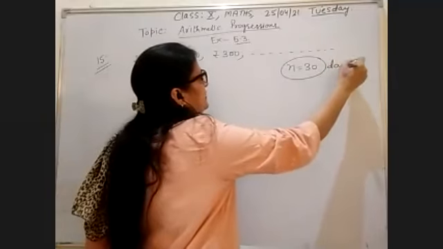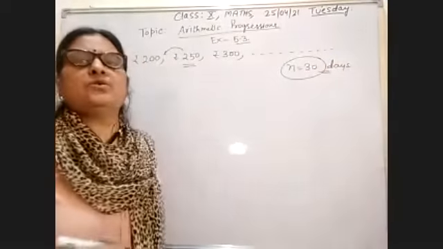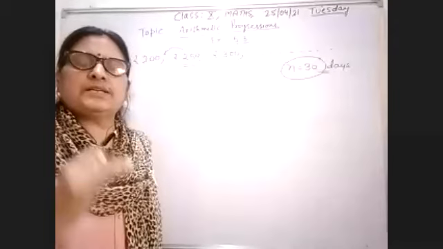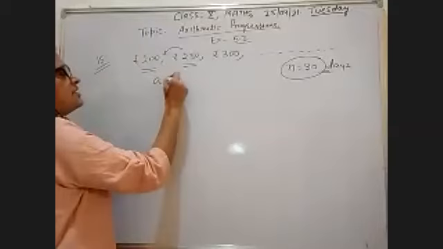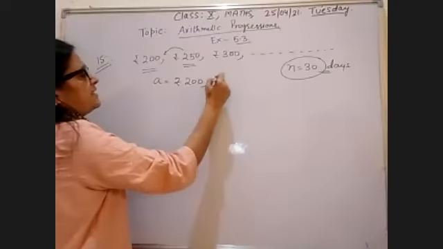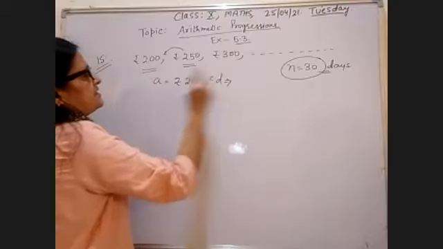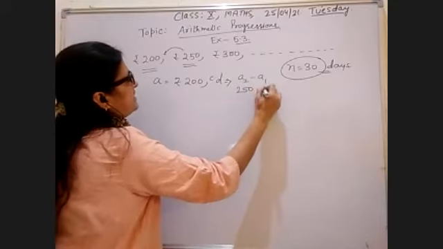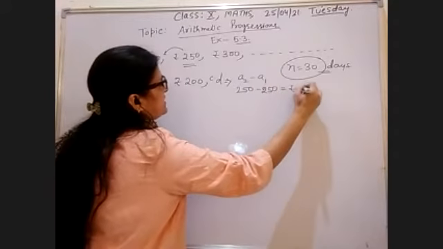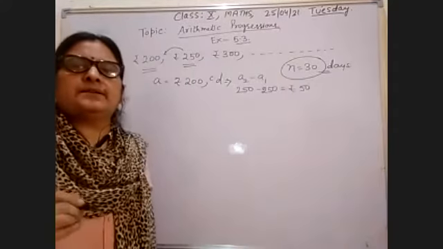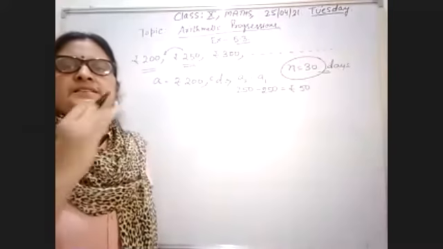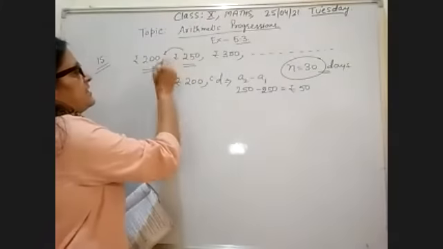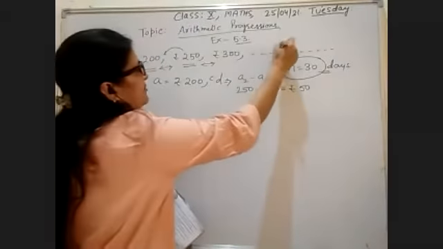The first term given is rupees 200, and the common difference, A2 minus A1, is every time 50 rupees, because it is already mentioned in the question that the penalty increases by rupees 50 from the preceding penalty. So this is forming an AP.